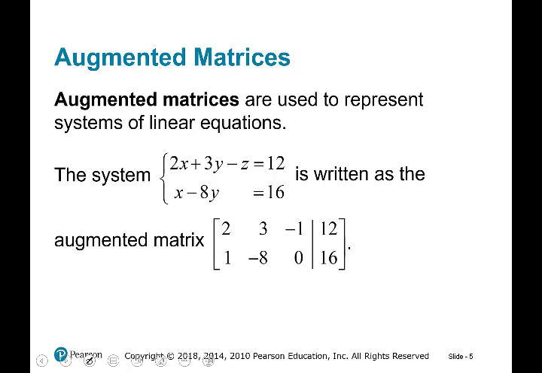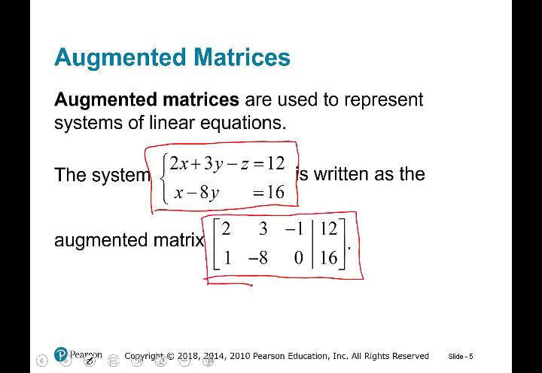Okay, so last time you were working with a system of linear equalities, such as this one. What we're going to do is write this in matrix form, or augmented matrix. You can see that here below I have an augmented matrix. These are the coefficients of the variables. So if I remove the variables, these are the coefficients of each of those variables for the first equation, and for the second equation.